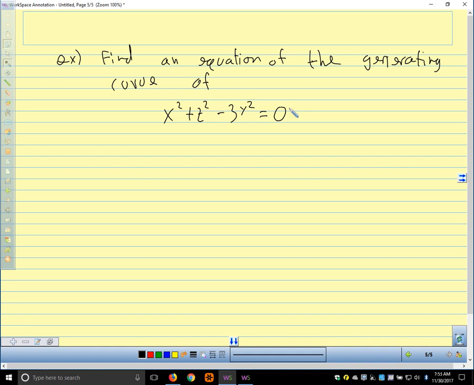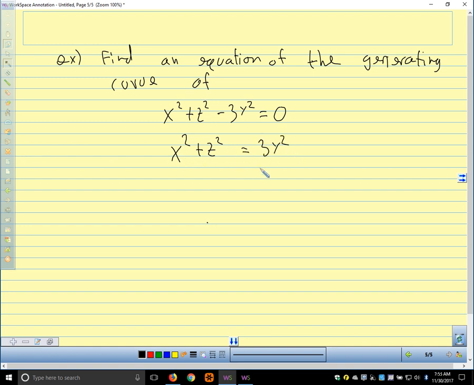So based on the form of this, what's going to be a convenient way to write this if we want this to be a surface of revolution? Well, we already have our coefficients on x and z as 1. So we could say x squared plus z squared equals 3y squared.